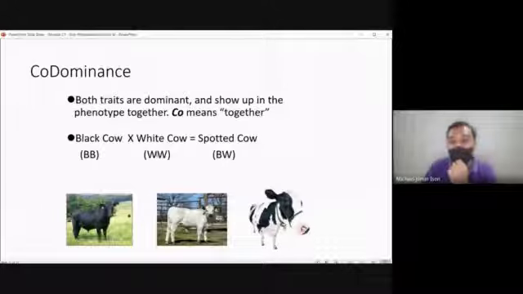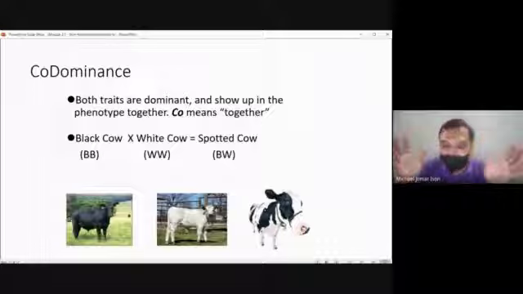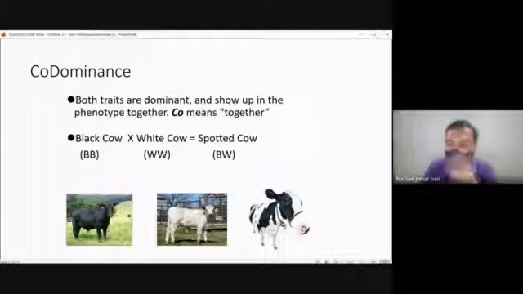It will be heterozygote, the BW. So here's the black, here's the white, and here is the black and white spotted cow. Fully expressed are the blacks and fully expressed will be the white. So you won't be finding grays, which would be a blending together. So it's not incomplete dominance, but rather it is codominance.